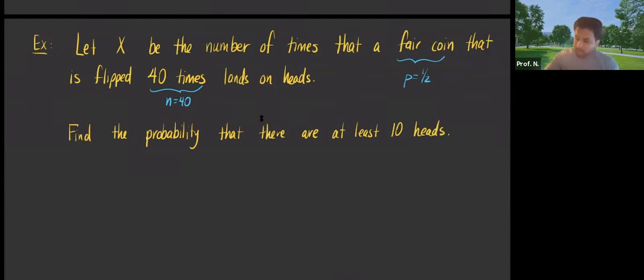At least. So what does that mean? I want to find the probability that there are at least 10 heads. So x is greater than or equal to 10. Now, let's go back to the world of discrete distributions. So if you're at least or equal to 10, what does that mean?